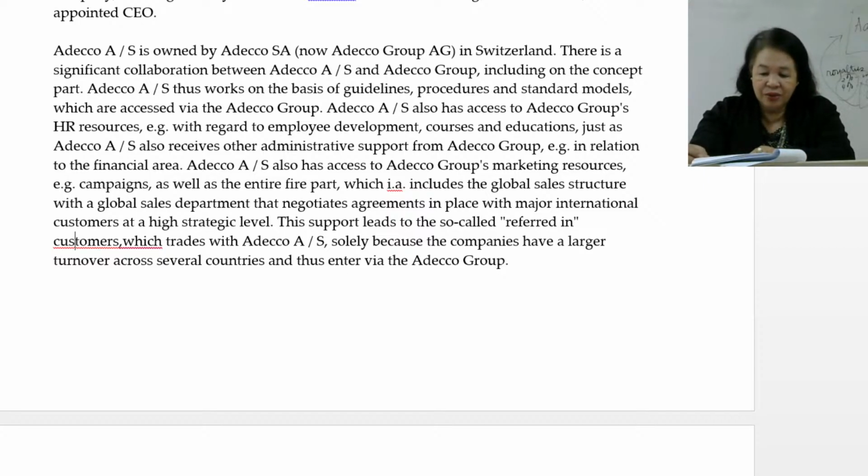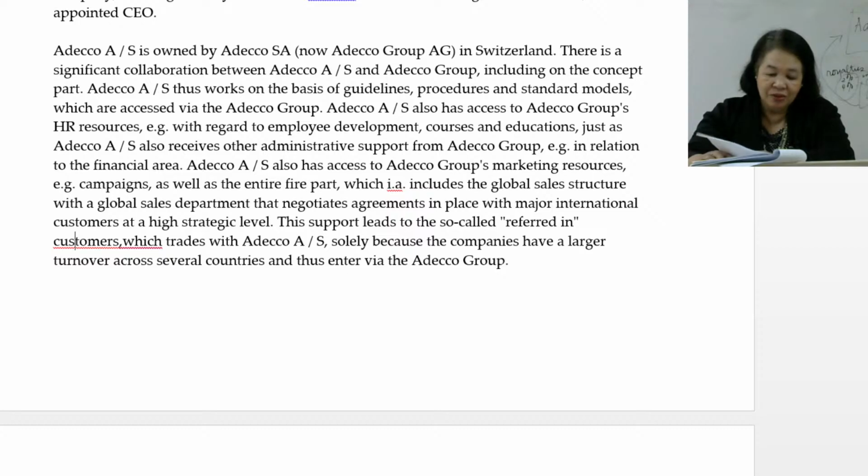So nagkaroon daw ng malaking turnover dahil nga member siya ng group. Okay. An example of a referral is Siemens. Itong Siemens, malaking group din, which Adecco received through the global sales in the Adecco Group.